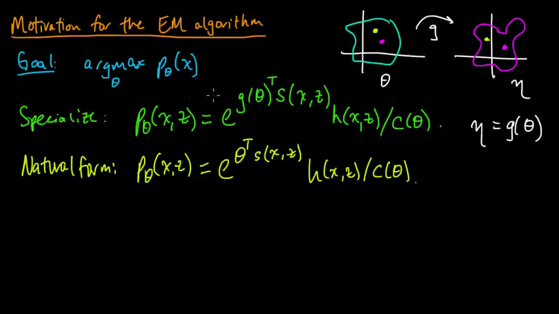Now we want to maximize this thing. So what is the usual thing we do? The usual thing we do is differentiate it and set the derivative equal to 0. So let's do that. We want to maximize the marginal probability of x, so we want to differentiate with respect to, say, theta i, the ith coordinate in this vector.